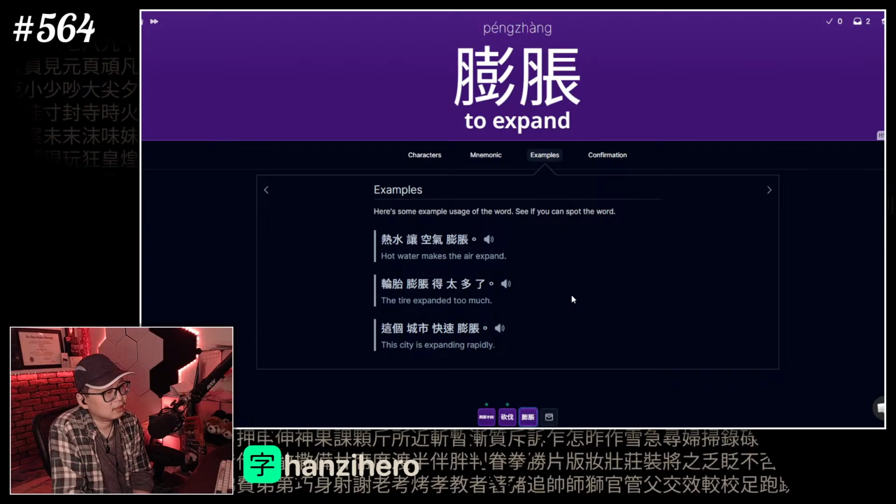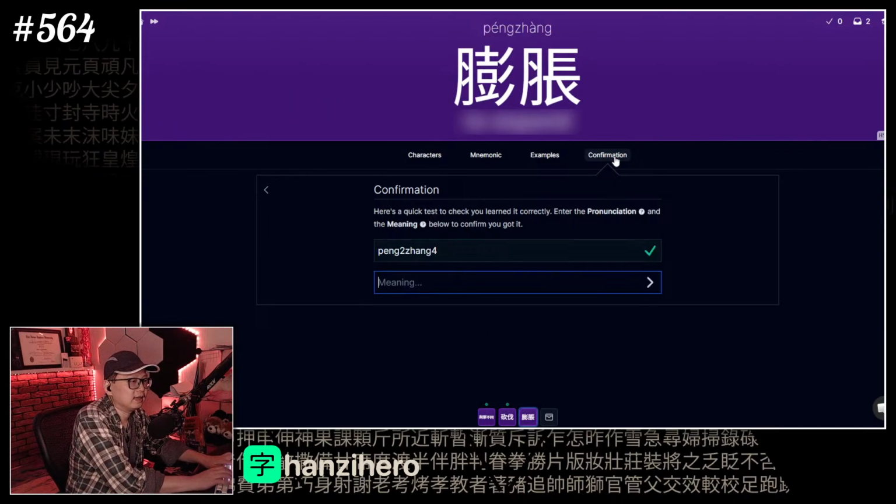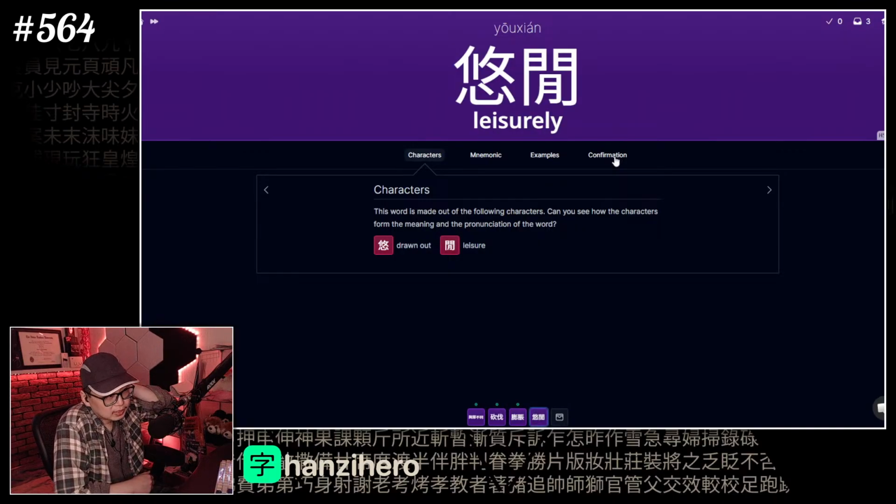这个城市, 快速膨胀。快速 is rapid, right? Because it's using rapid. Okay. 膨胀, 悠闲.